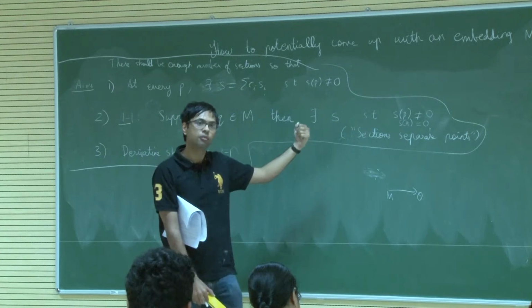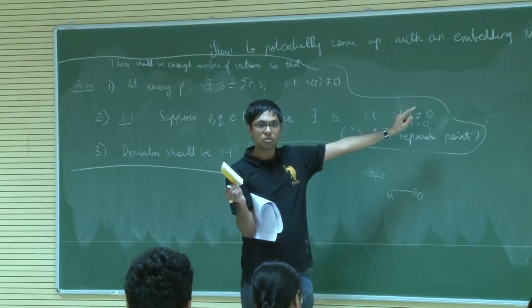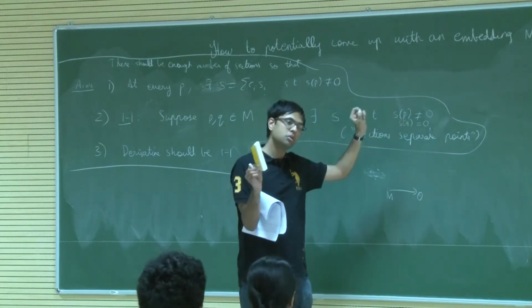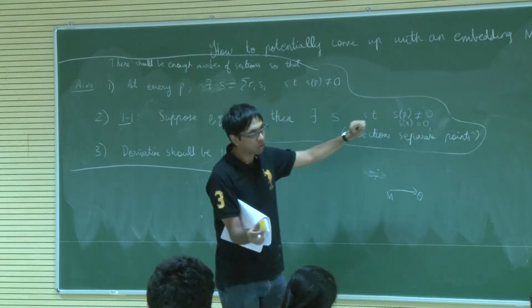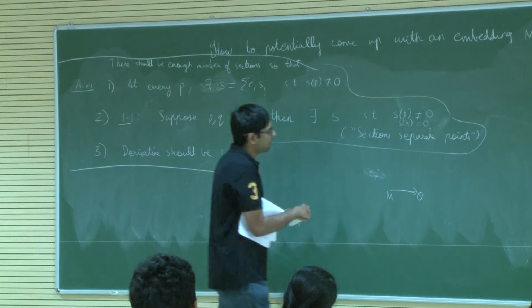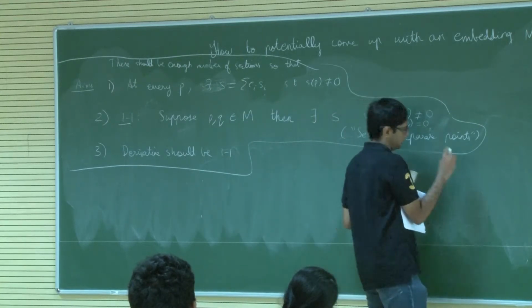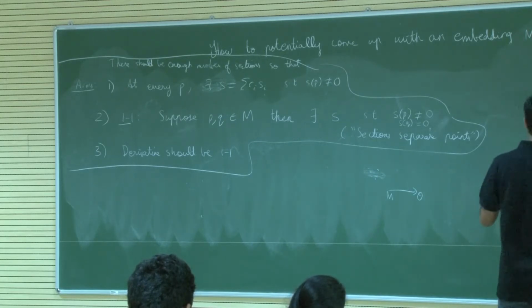Our method of proof will do the following. You give me any 2 vectors you choose at 2 points, I will produce a section that takes one vector here and the other vector there. In that sense.